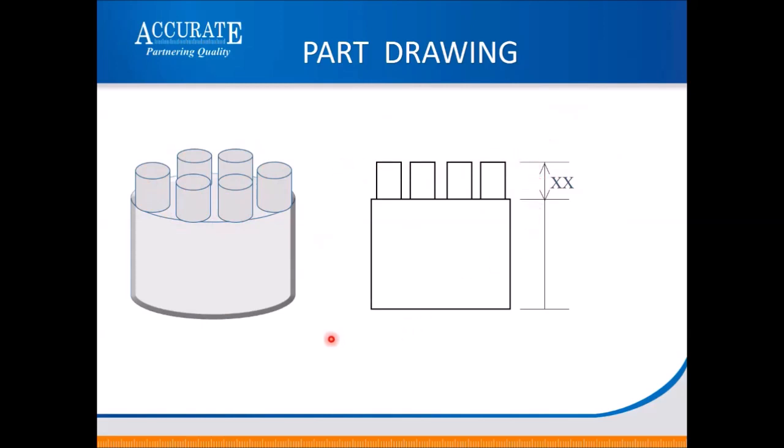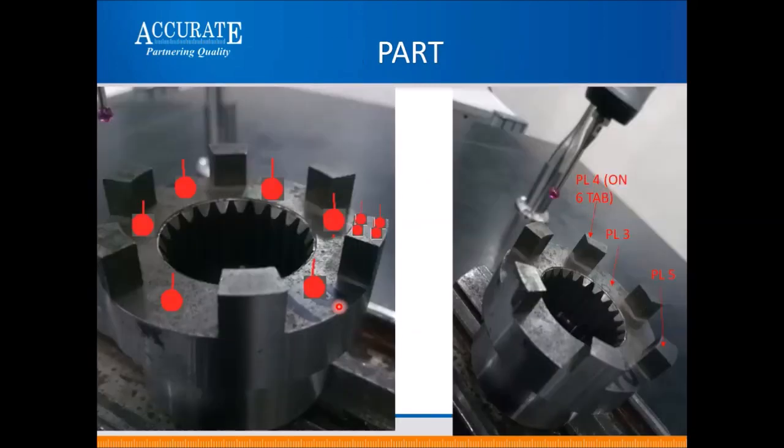So there are two options in the measurement. Option number one: measure this plane. So this is the first plane, the large circular surface, and then you have to measure the second surface on the tab shown here.